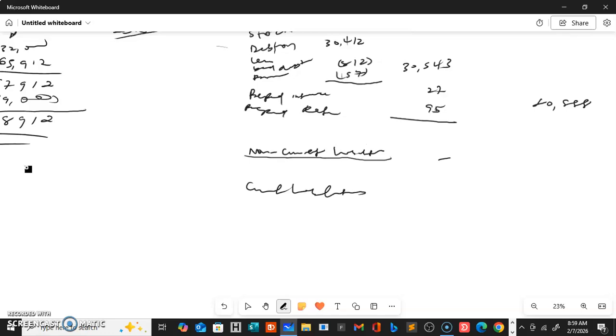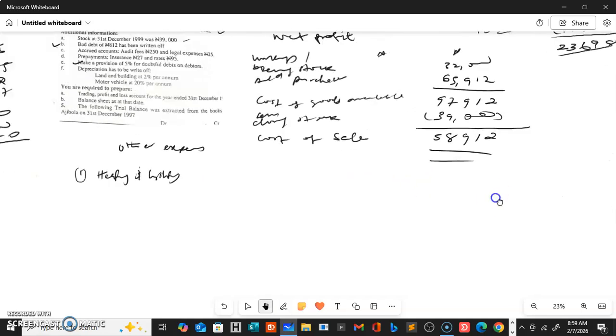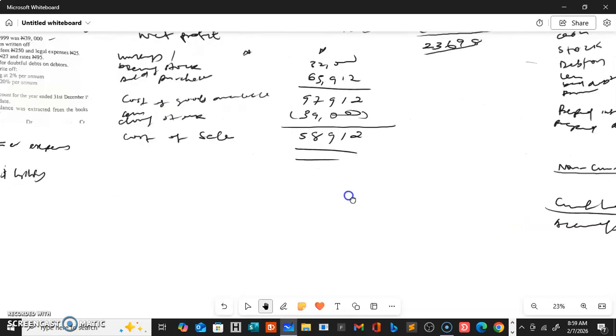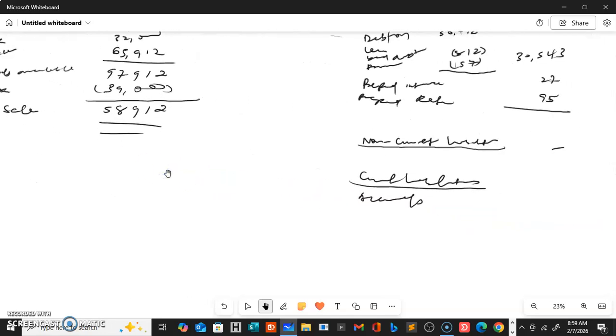Okay. We have accruals. So accruals, we have accrued audit fees 250 and legal expenses 25. Okay, audit fee 250.